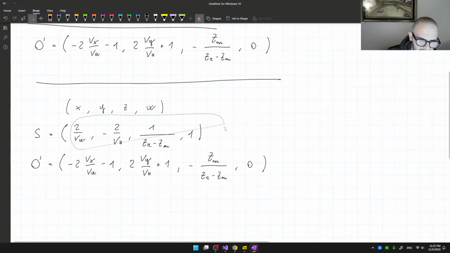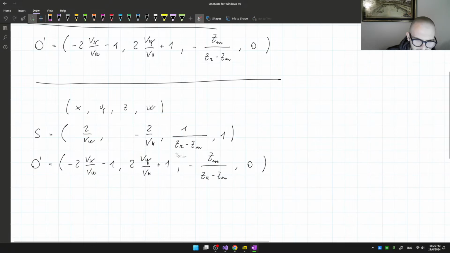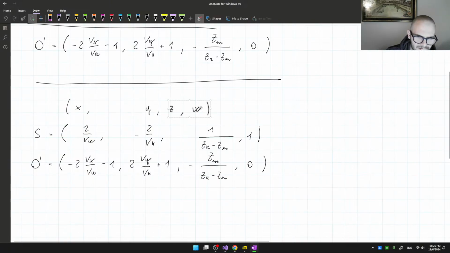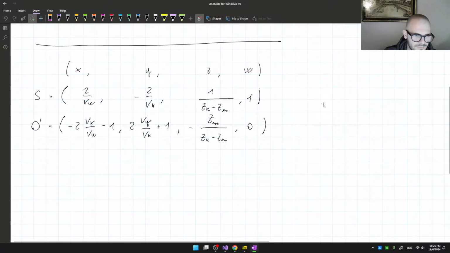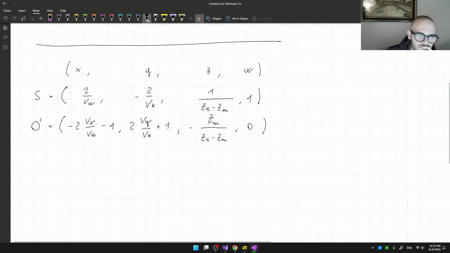So as before, this is what we need: X, Y, Z. So this is the V, the scale, the offset, and what we need to do is to get the result.